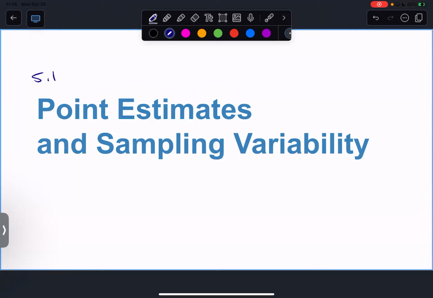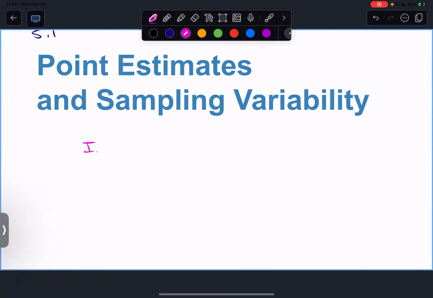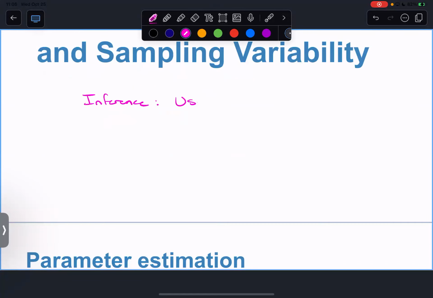Chapter 5 is an introduction to inference. Inference is the general term we use when we're trying to use sample information to infer something about the population.